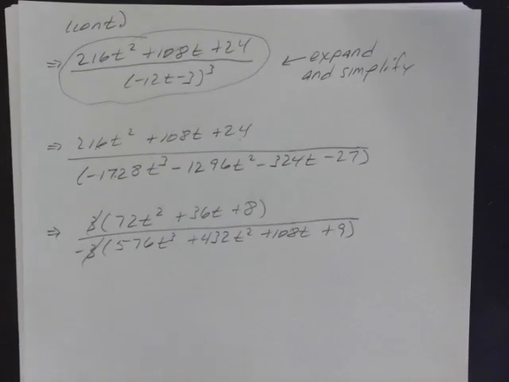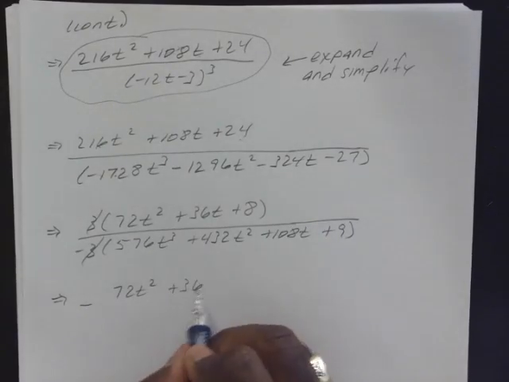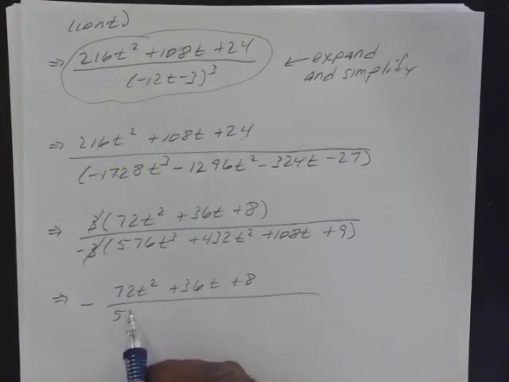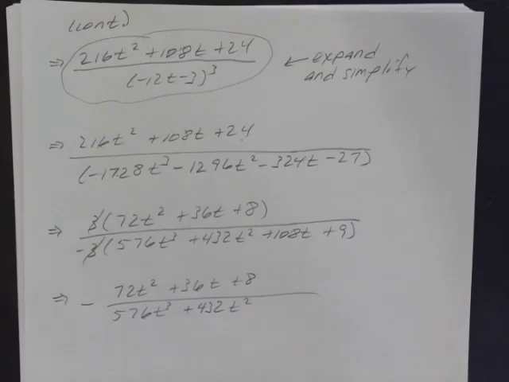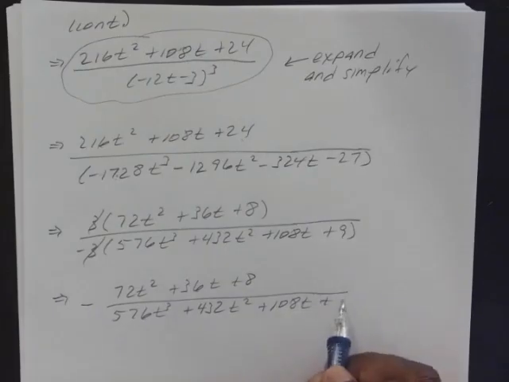Bring that down, there we go. Which just leaves a final answer of negative 72t squared plus 36t plus 8 divided by 576t to the third power plus 432t squared plus 108t plus 9.